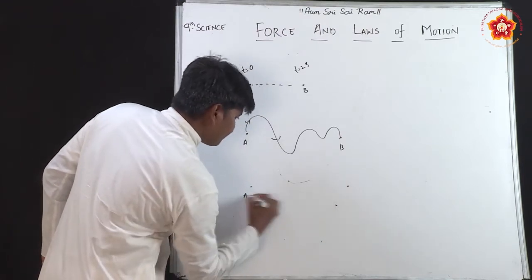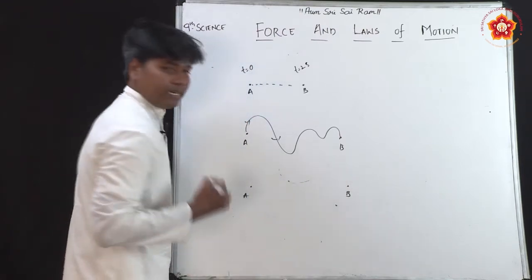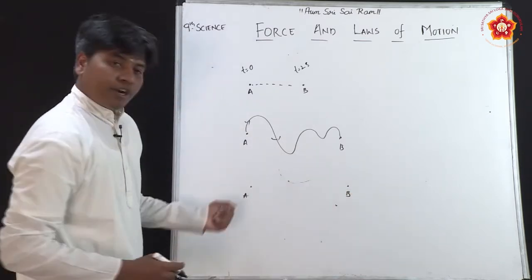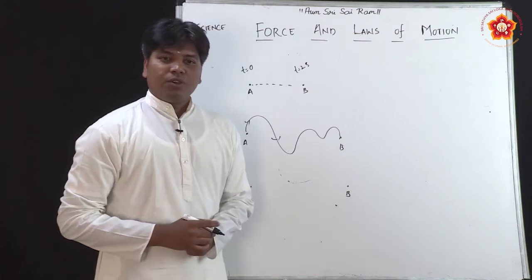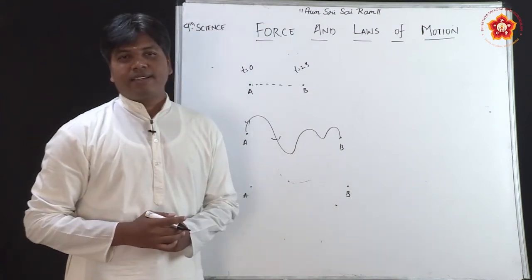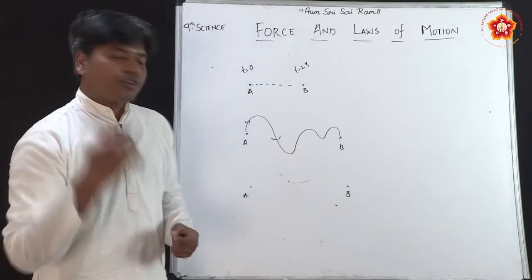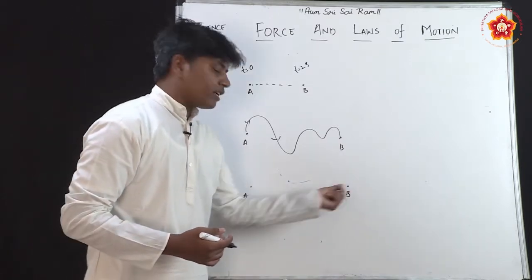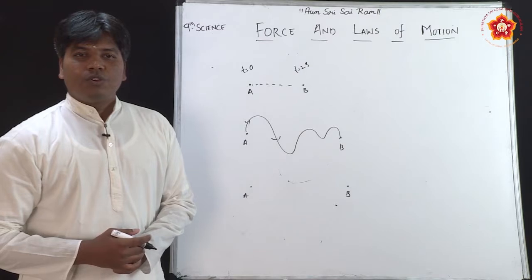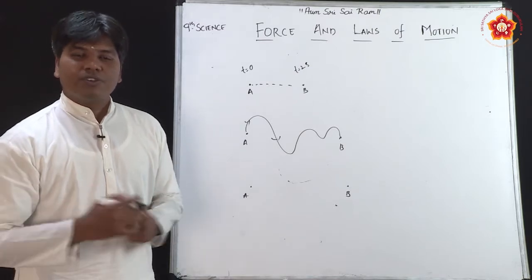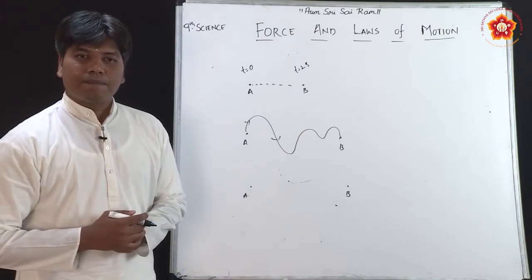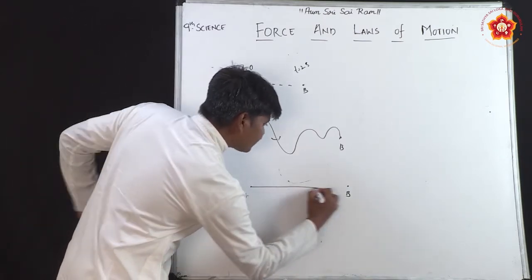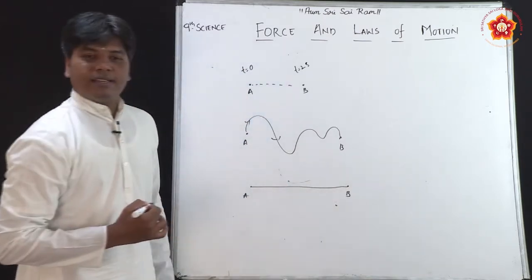Point A, point B. Now your friend came to you. You started from point A and reached point B. Your friend came to you and asked, how far is your house? For example, this is your house, and you came to the ground, point B is your ground. Your friend asked, how far is your house? So what will you tell? You will tell the minimum distance between these 2 points, right?